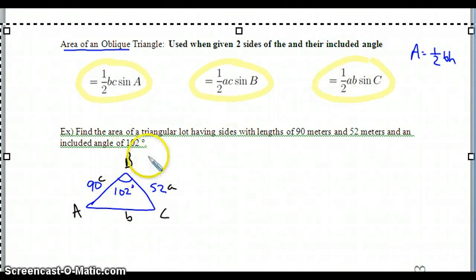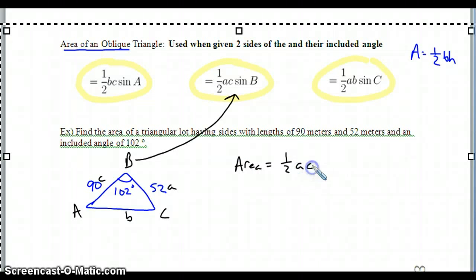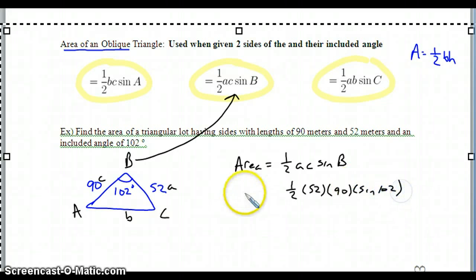Because I know angle B, I have to use this middle one, that the area is equal to half of AC times the sine of B. So let's plug in what I know. Half of 52 times 90 times the sine of 102.